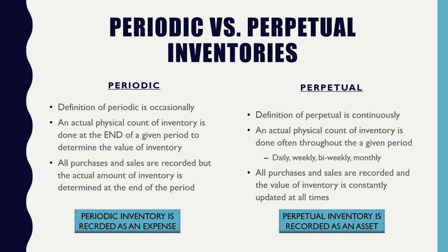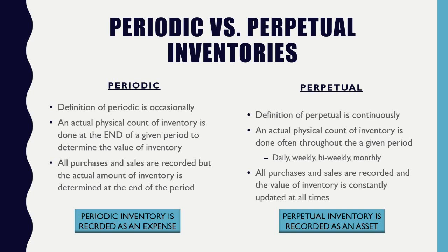In this class, we're going to take a look at both methods. For this test, we're only going to look at the first one, which is periodic inventory. When we come back from the exam, that's where we're going to compare and contrast the difference between periodic and perpetual.